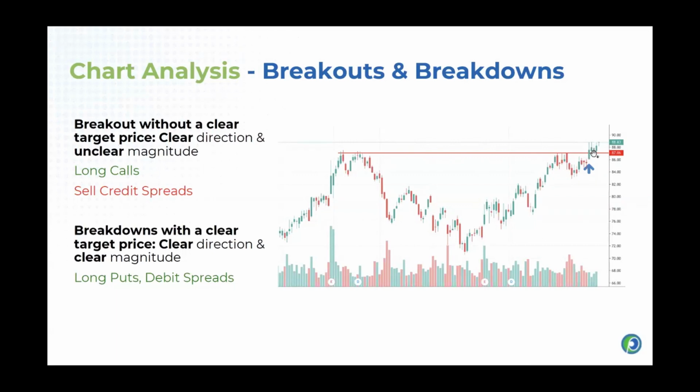So if we are bullish, there are two types of strategies that you could deploy here. One, if you're bullish and you expect a sharp directional move, we want positive gamma, that's a long call. If you expect it to remain above 87 where it broke out, then that's where we would sell a cash secured put or perhaps a bull put spread, where that type of strategy realizes its maximum profit when the underlying security just stays right above its strike price.